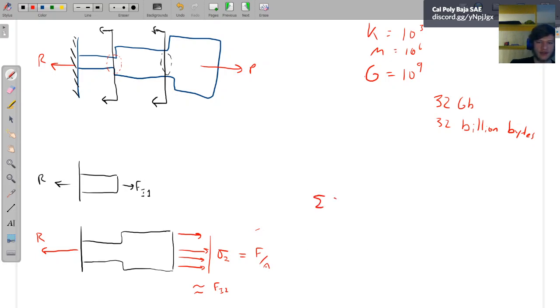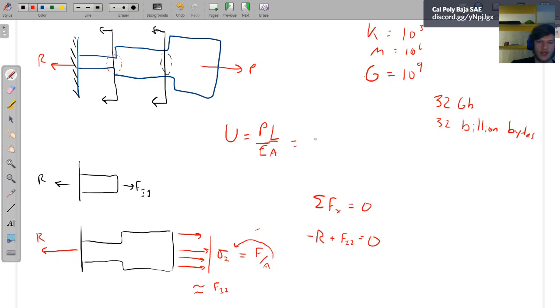Then we can do statics on it. So our sum of forces in X equals 0, R minus R plus F internal number 2 equals 0. Remember, we just multiplied by the area here to get this force. And if you're not comfortable with that, you can even just keep this as a stress. We said U equals PL over EA.